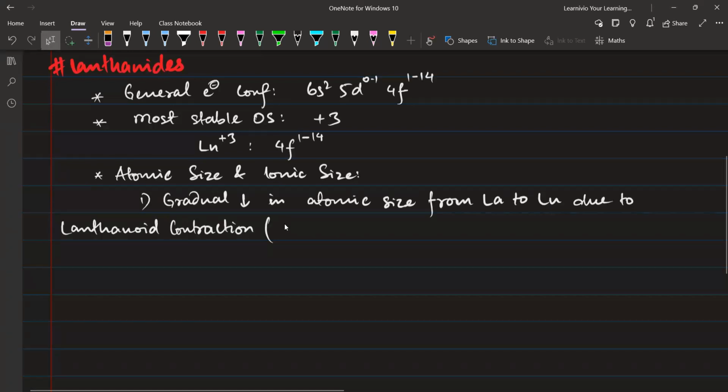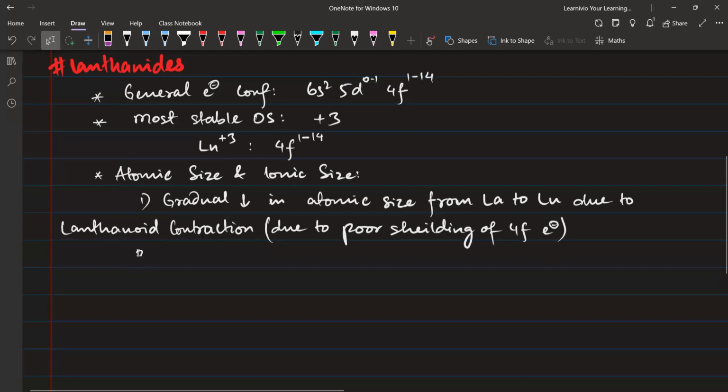Okay, just to remind you guys, why does the lanthanide contraction occur? Due to poor shielding of 4f electrons.